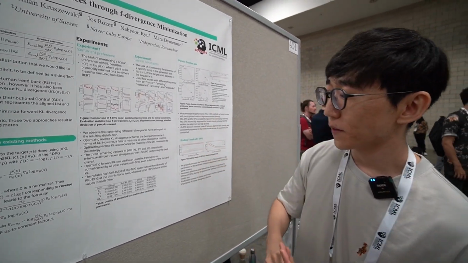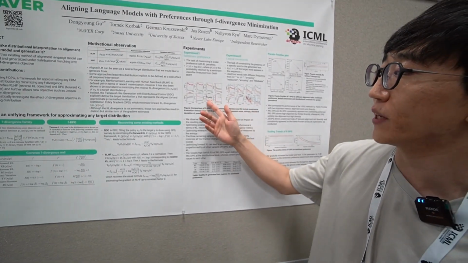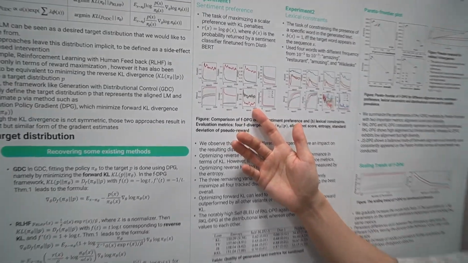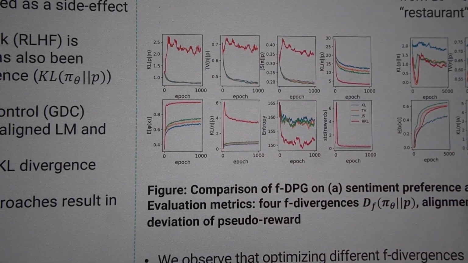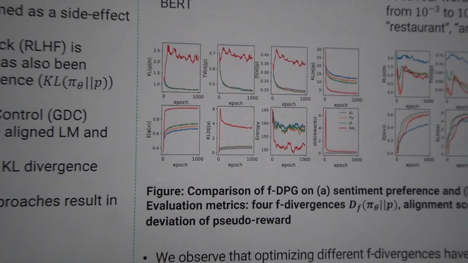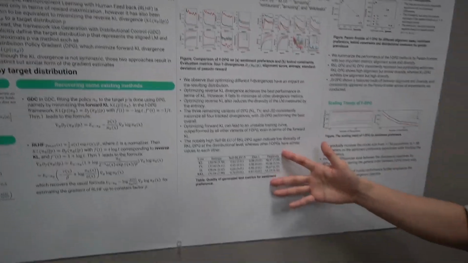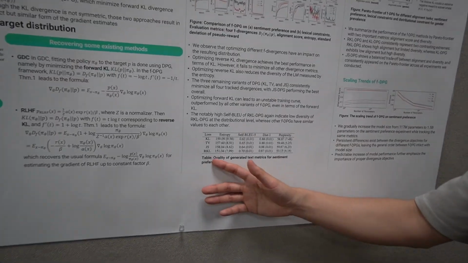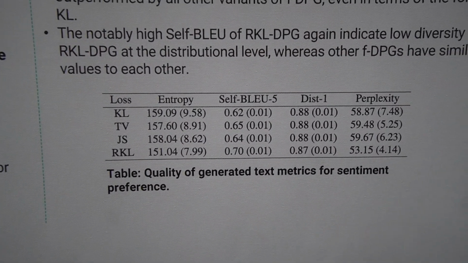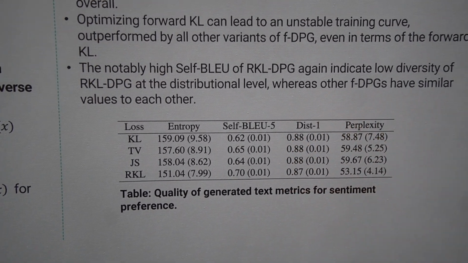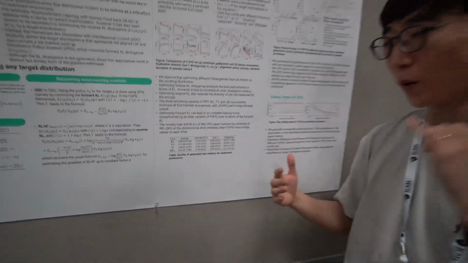Just to jump into the other question, here the reverse KL just fails to preserve the entropy of the pre-trained language model. This is a distributional measure, but you can also check downstream measures like Self-BLEU or Distinct-1. Do you mind if I jump into this table? Yeah, go for it. So here, Self-BLEU is a kind of similarity between sentences, so it measures how diverse the generated sentences are, and Distinct-1 is the diversity within a sentence, how many distinct tokens are used in one sentence.